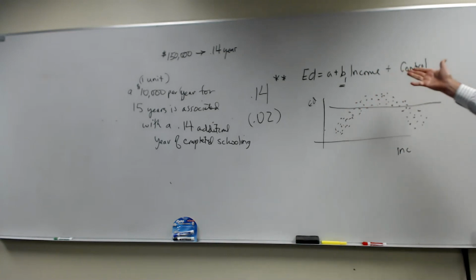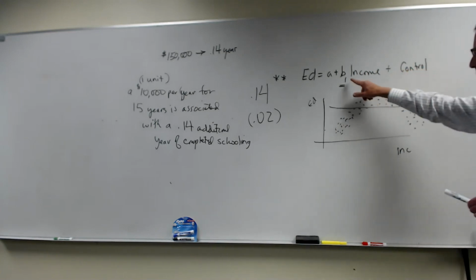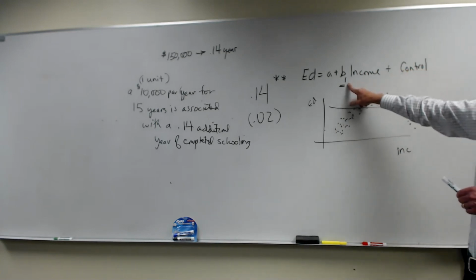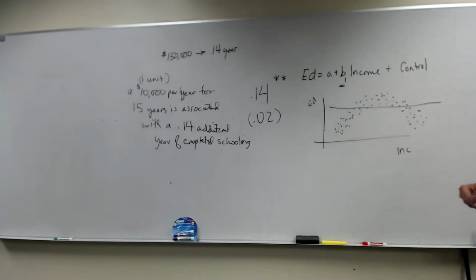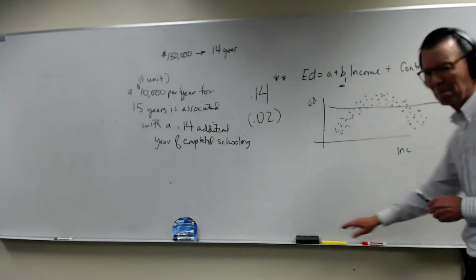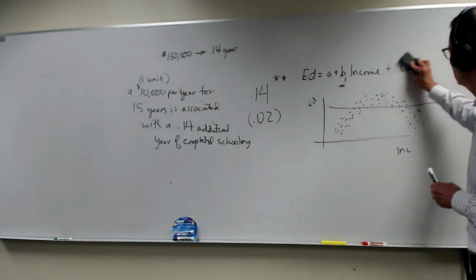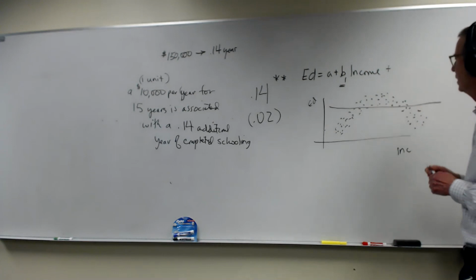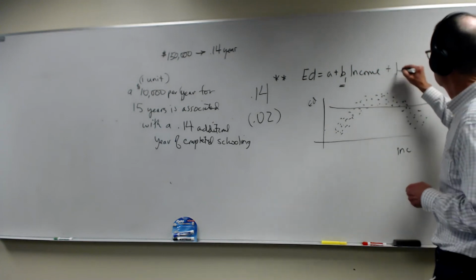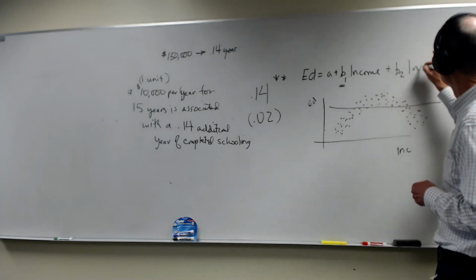And if you just run this regression, you're going to get a coefficient that's insignificant, close to 0. And you're going to maybe conclude that there's no relationship between income and education, when in fact there's no linear relationship, right?